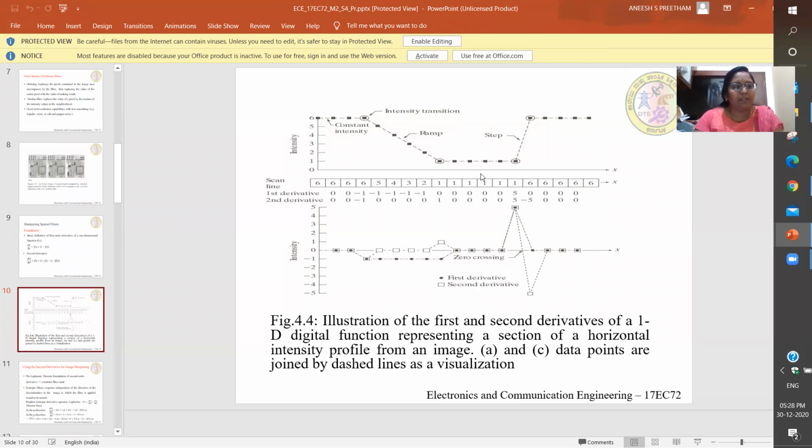consider the example shown in this particular slide, figure 3.36.